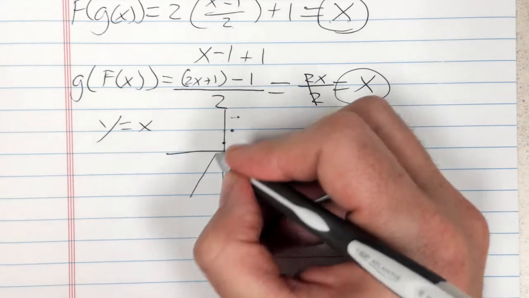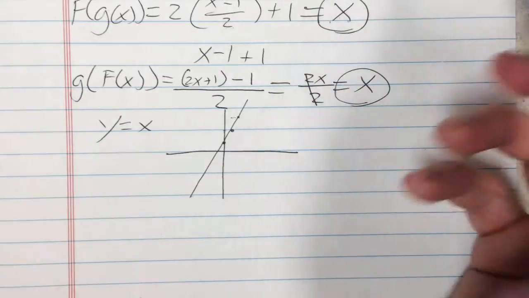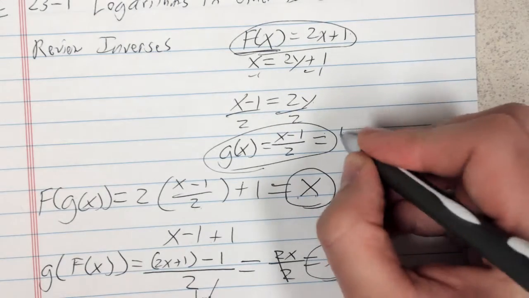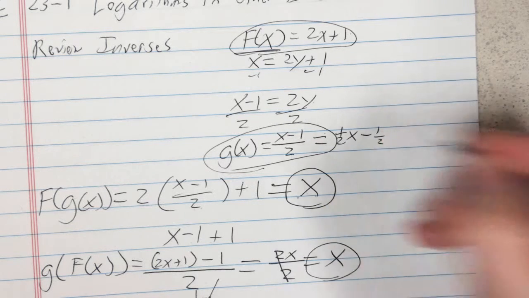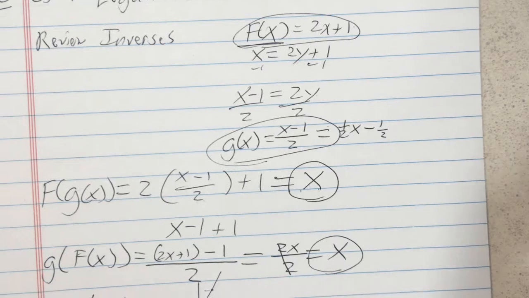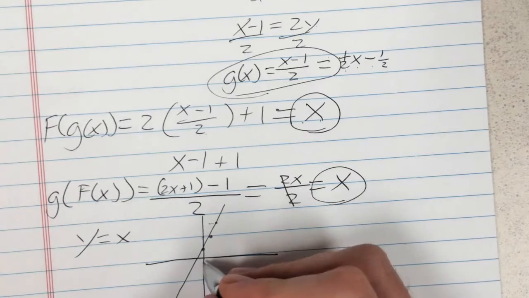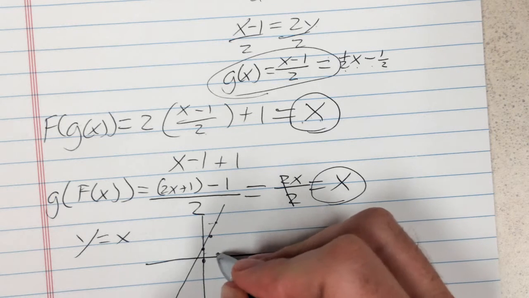So it would look something like that. Well, x minus 1 divided by 2, if we simplified that to make it a little friendlier, it'd be 1/2 x minus 1/2. All right, so y equals mx plus b. Our y-intercept is negative 1/2, and it's rising 1, running 2.